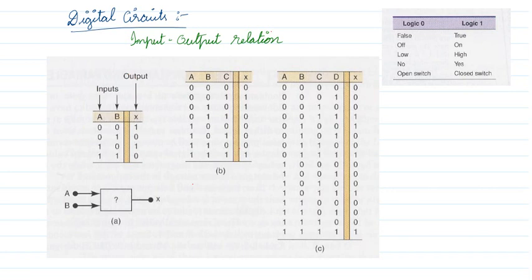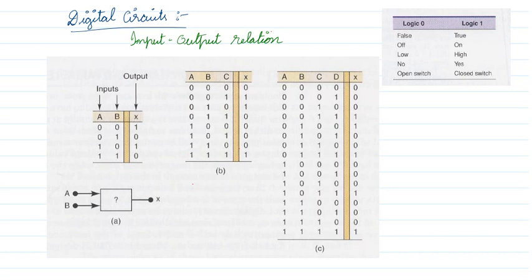Let's look at another condition. Here we have three inputs A, B, C. Since we have three inputs, 8 combinations are possible for the inputs. A, B, C, all can be 0, or 0 0 1, up to all can be 1. So 8 possibilities. For two inputs we have 4 possibilities. For three inputs we have 8 possibilities.